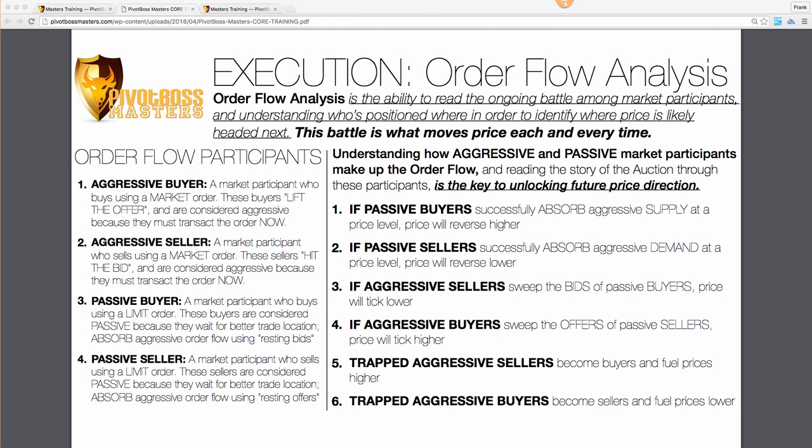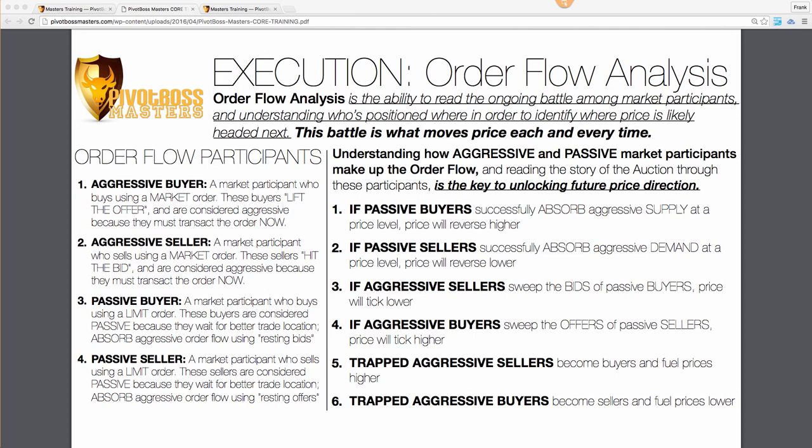Maybe it's a stop. Their stop is getting hit, so it needs to get out now. It can't wait. Maybe they're using a stop market order to enter a trade and they want to stop into a trade. They need to get in now. They're aggressive because they need to transact now, okay? And that means something because when those buyers or sellers become trapped, big types of moves and reversals occur, and that's what we're looking for.